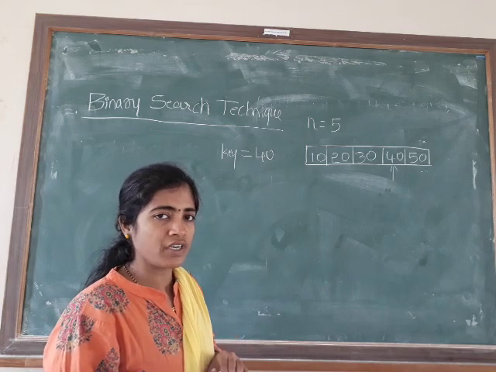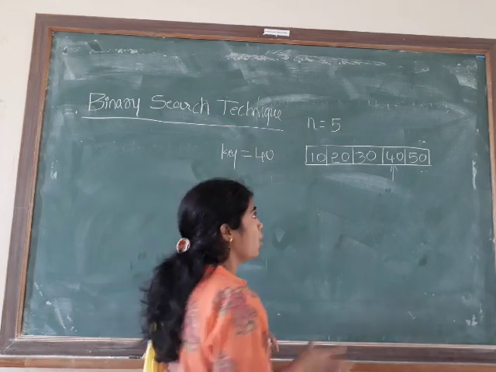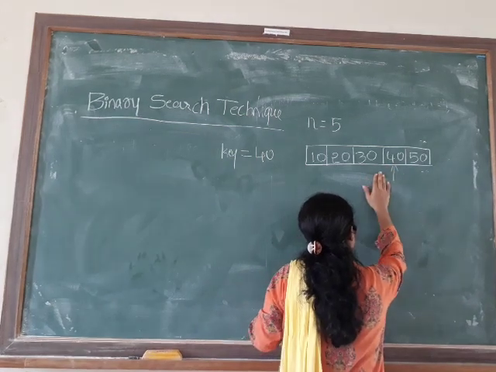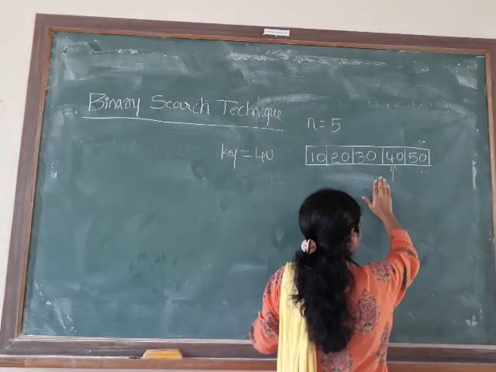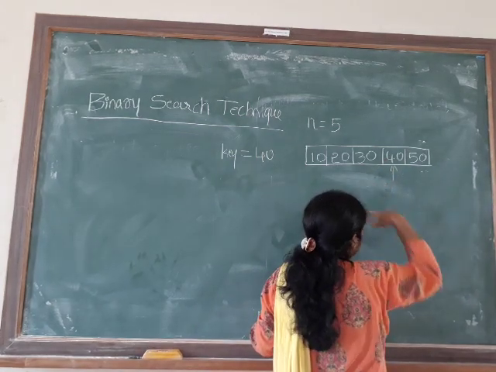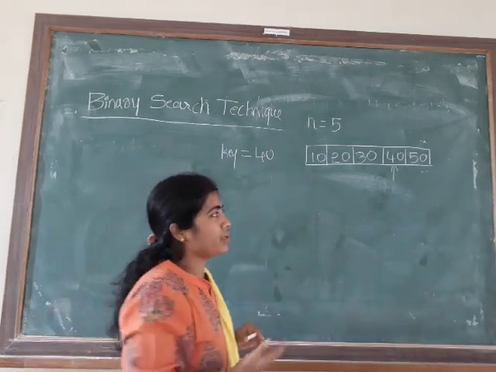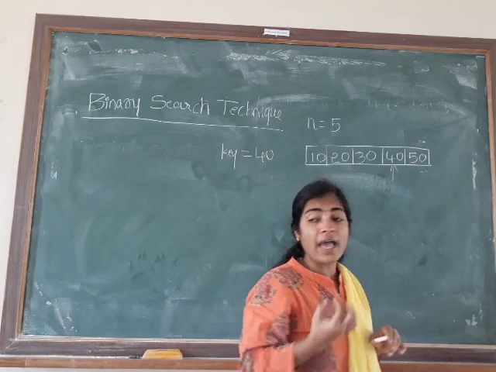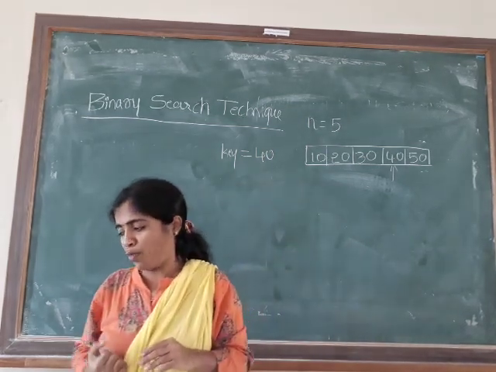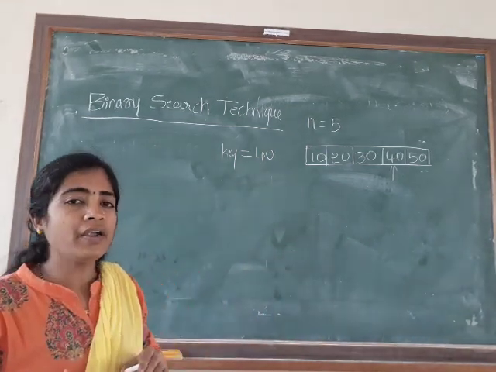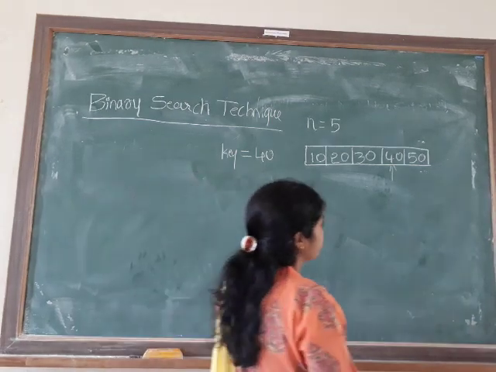You understand what I mean to say? Whatever the position of the element, it should display its position. If it is not present in the list, it has to give an appropriate message to the user: element not found.